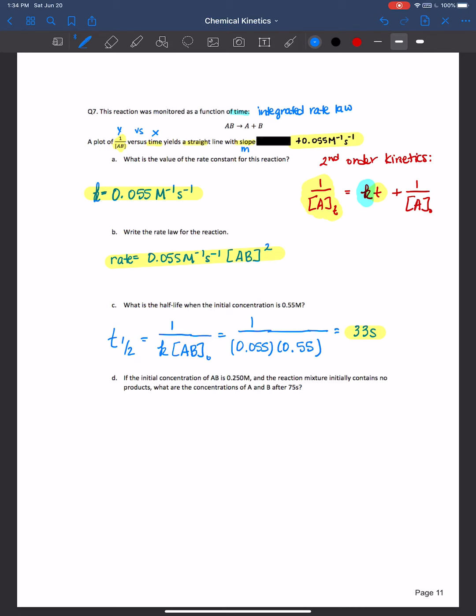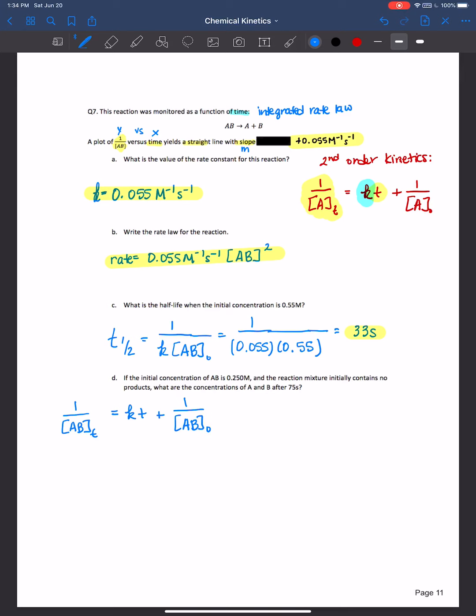We already know that it's second order kinetics, and anytime it's asking what the concentration is after some time has elapsed, I know I must use the integrated rate law, because that allows me to see concentration as a function of time.